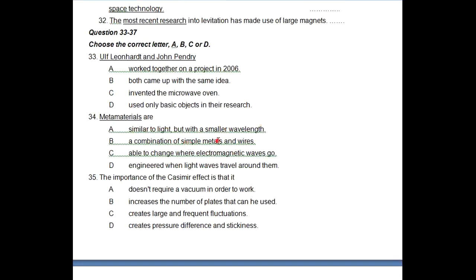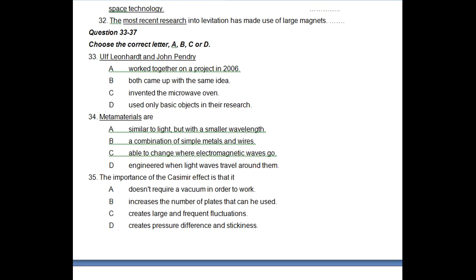Combination of simple metals, no, it was complicated or complex, so this is wrong. Now the two options saying able to change where electromagnetic waves go, or engineered when light waves travel around them. Wow, both are so close, so complicated. This is an example of the difficult question. Able to change where electromagnetic waves go, or engineered when light waves travel.